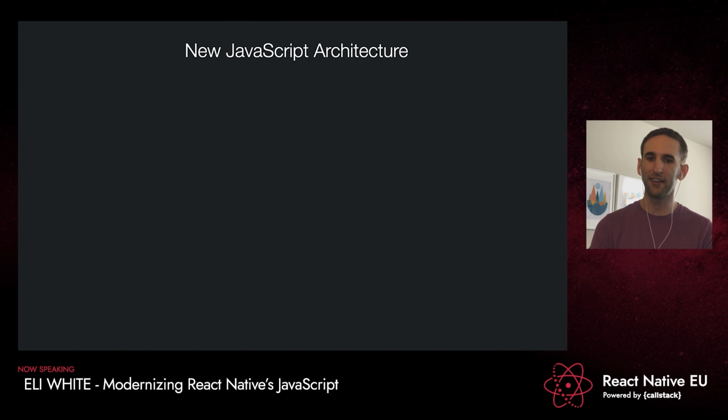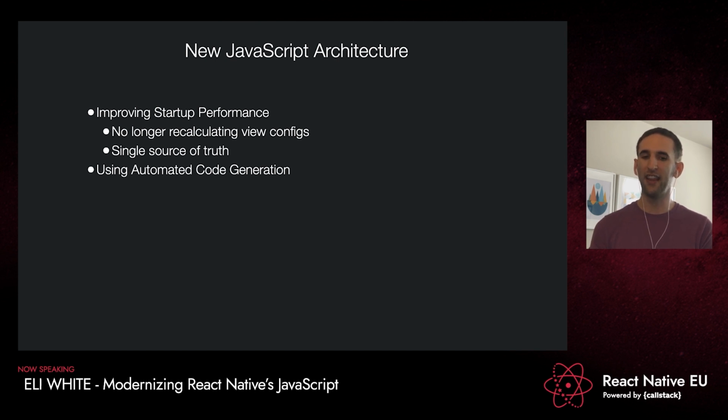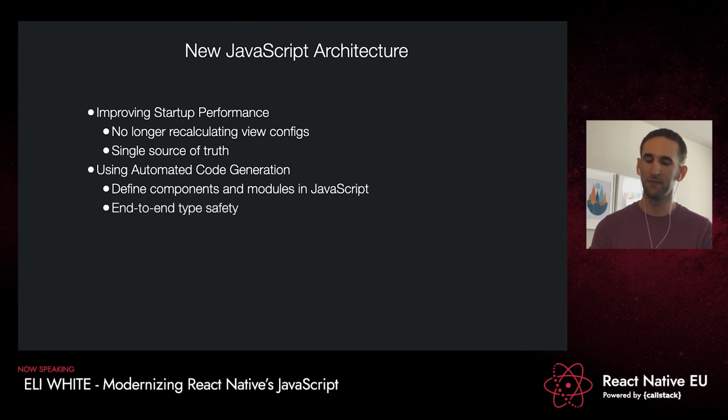So in the new JavaScript architecture, we've talked about how we're improving startup performance by no longer recalculating view configs, and how we have a single source of truth in JavaScript for our components and our modules. We're using automated code generation to take that single source of truth and generate the native code that uses the same types, giving us end-to-end type safety throughout the whole system.